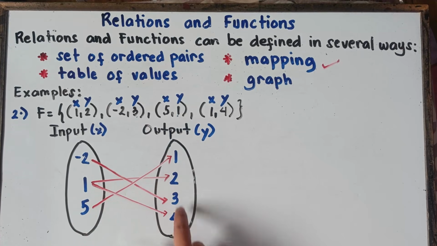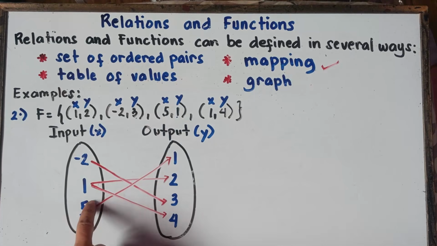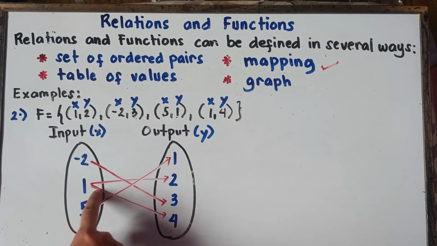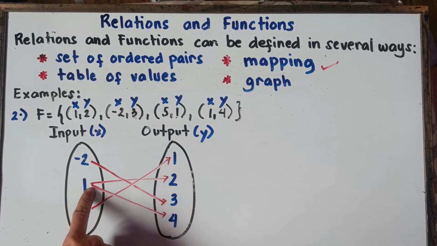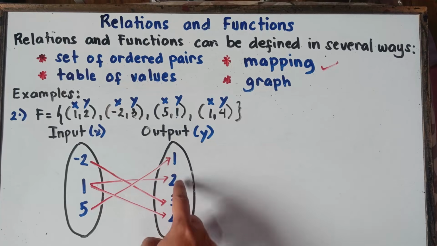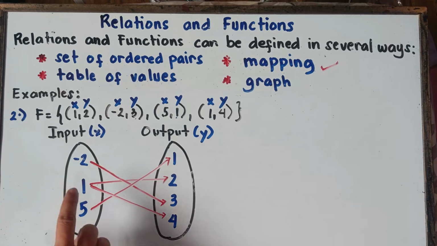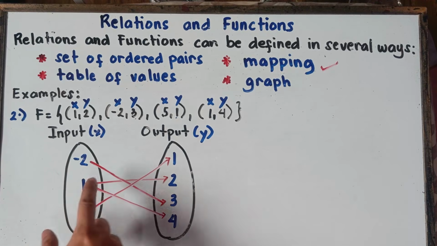That's automatic, class. Based on this given diagram, this one pointing to 2 different outputs, 1 pointing to 2 and 1 pointing to 4. There are 2 arrows for different outputs. Therefore, class, automatic. This will not be a function because this input has 2 or more different outputs.